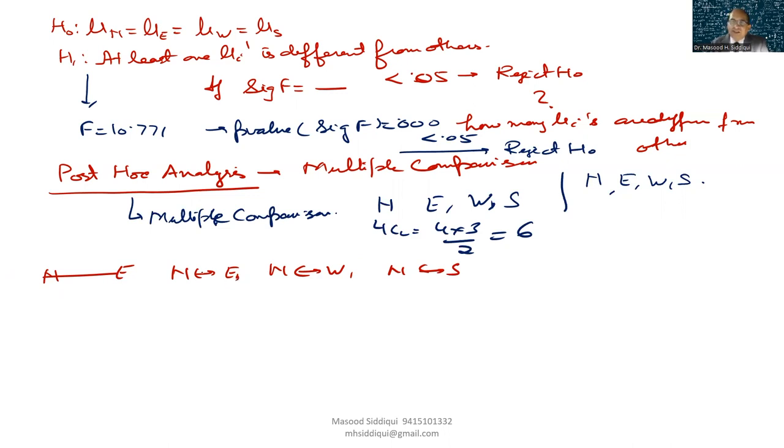Since northern and eastern are compared once and we are applying the t-test, which is symmetrical, there is no point in going back to eastern and northern. So we will be having eastern and western, then eastern and southern. Lastly, we get western with southern. So these are the six pairs we are comparing.